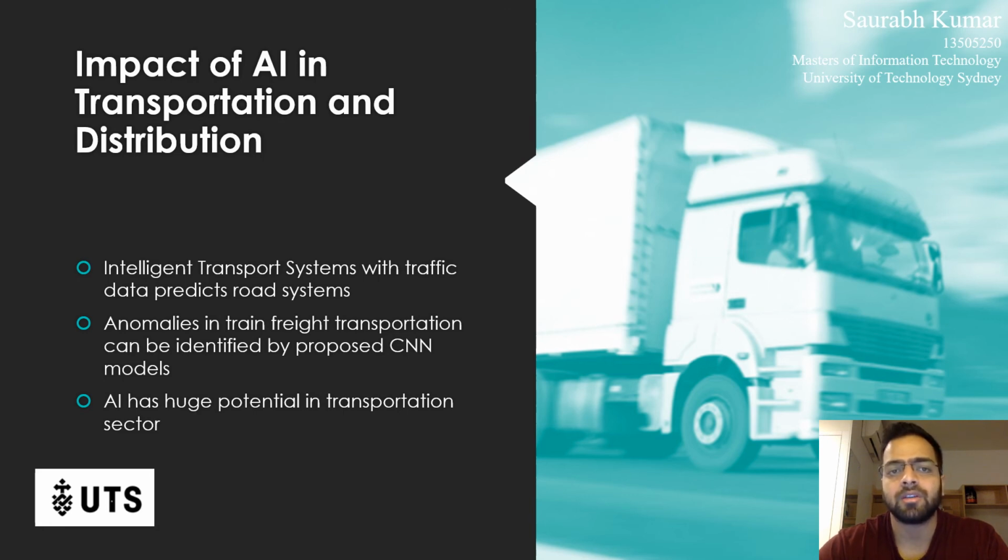One technique, known as convolutional neural network, provides higher accuracy in predicting traffic, and faults such as anomalies in train freight transportation can be identified by the proposed CNN models. Although there are very limited techniques being used in the transportation and distribution sector, and all the proposed techniques have not been implemented fully, AI has huge potential in the transportation sector.